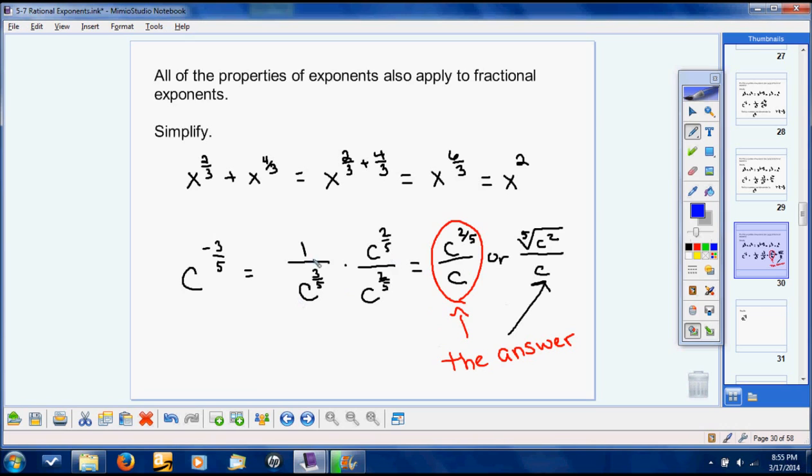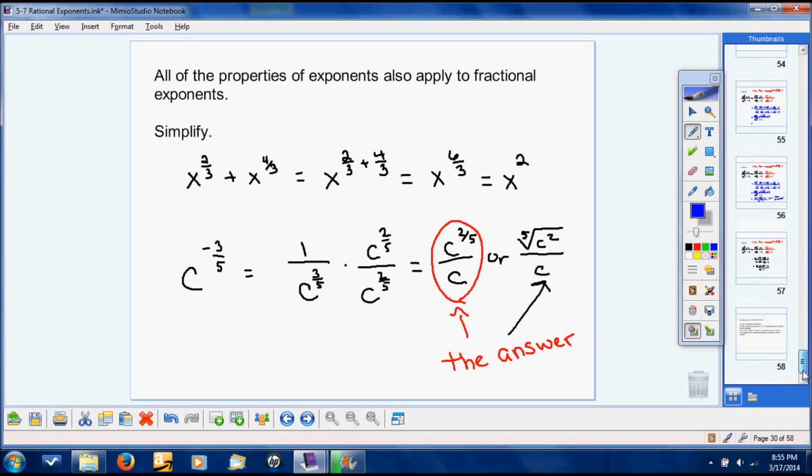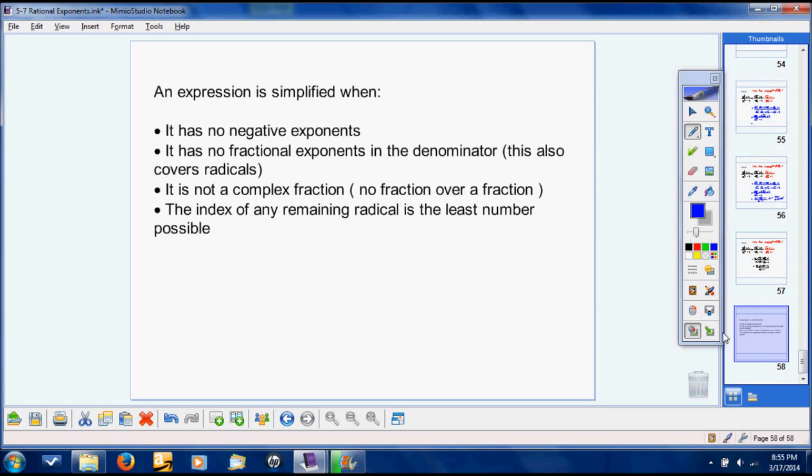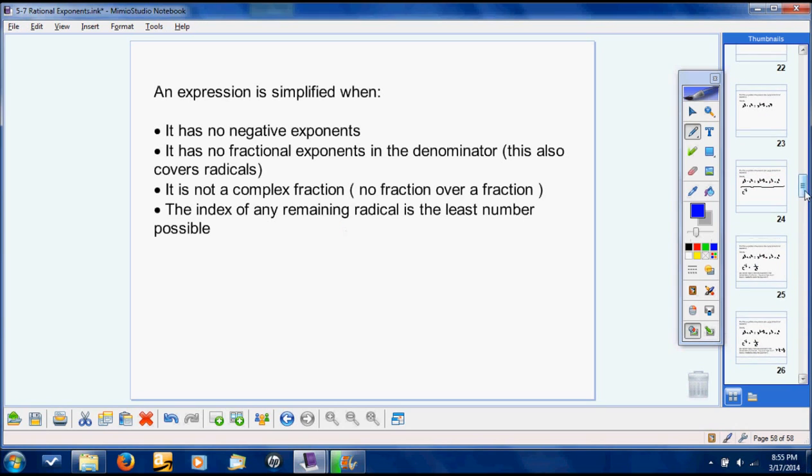You have to get those fractions out of the denominator. So c to the 2/5 over c, even though it doesn't look simple, there's no negative exponents, no fractional exponents in the denominator. It's not a fraction over a fraction. We're not talking about exponents here. I'm talking about a whole fraction. And the index was a 5, and that was the least possible one.